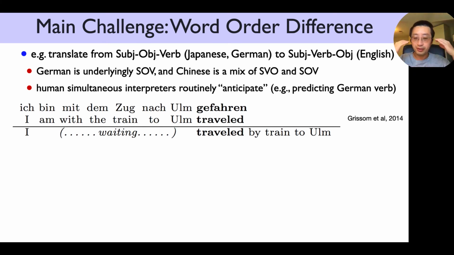Those are the difficulties for human interpreters. But for machines, the major difficulty is the word order difference, which is also a difficulty for human interpreters. For machines, that's probably the most important one, because machines don't care about working memory. They have infinite working memory, and so on. And they can also multitask. That's not a problem at all.